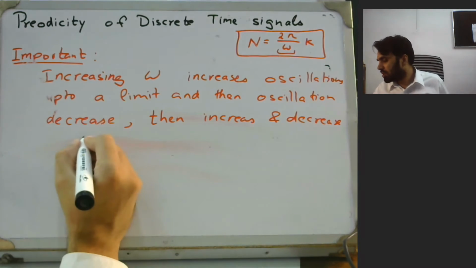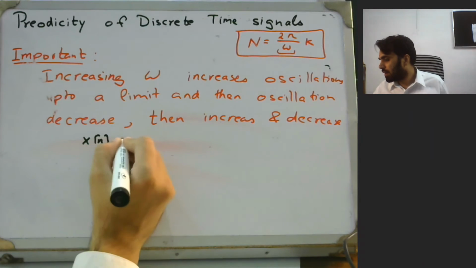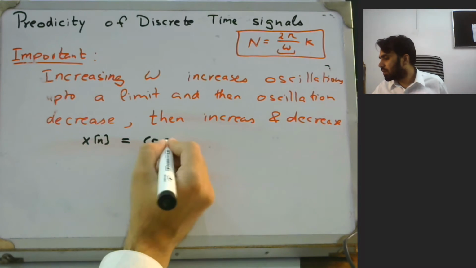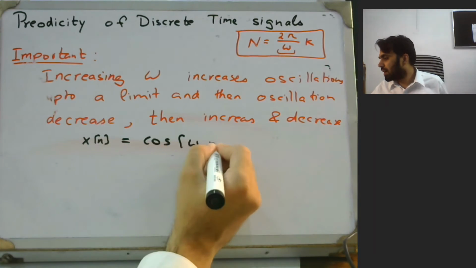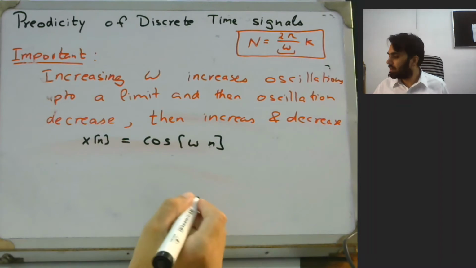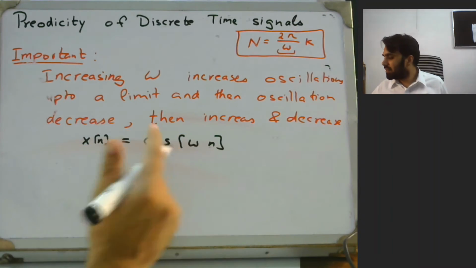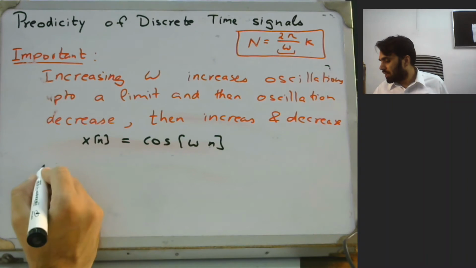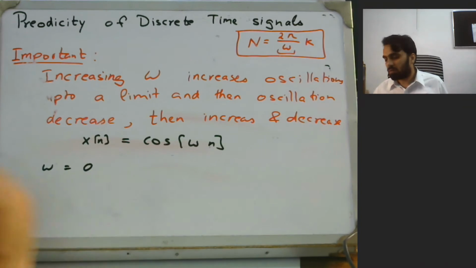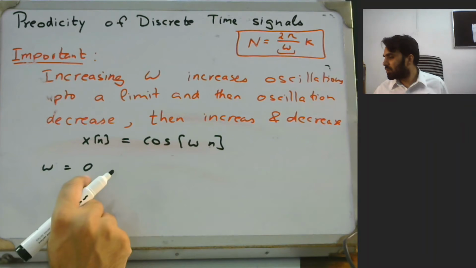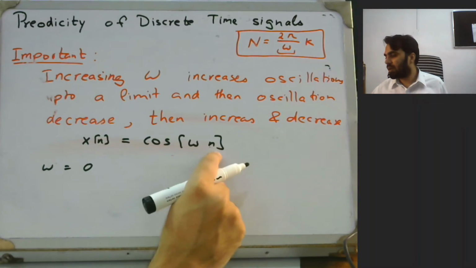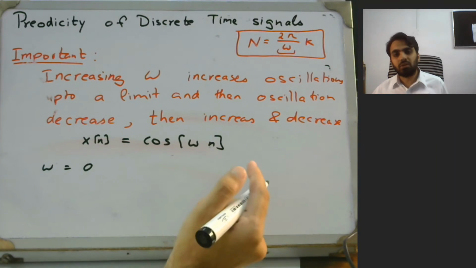Say we have a function x of n, and that is equivalent to cos omega n, right? So omega can have different values. Let us increase the value. Say initially our omega is equal to 0. So if omega is equal to 0, this means cos of 0 n. So cos of 0 is actually 1.